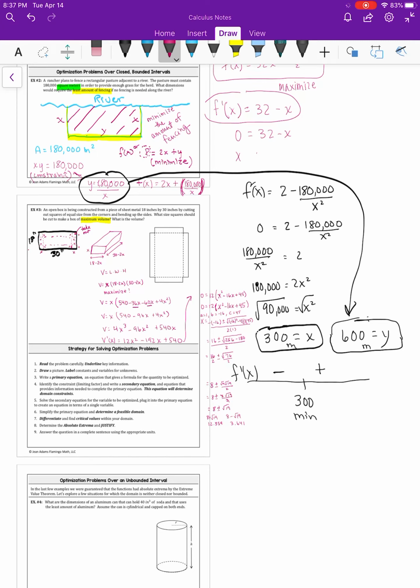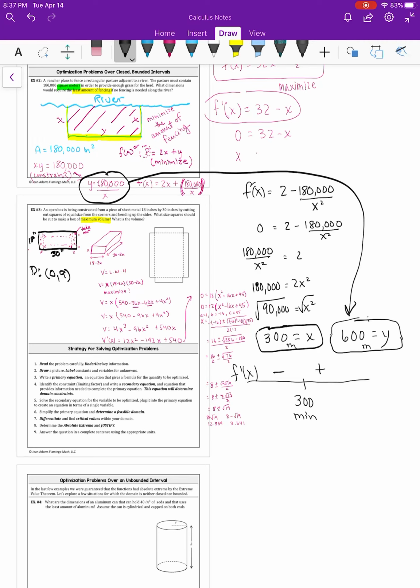So now, you always want to look at your smallest side. So let's go back up here. My smallest side was 18, right? 18 and 30 here. My small side was 18. Since I am cutting out x from both sides, I cannot have an x larger than half of my smallest side.